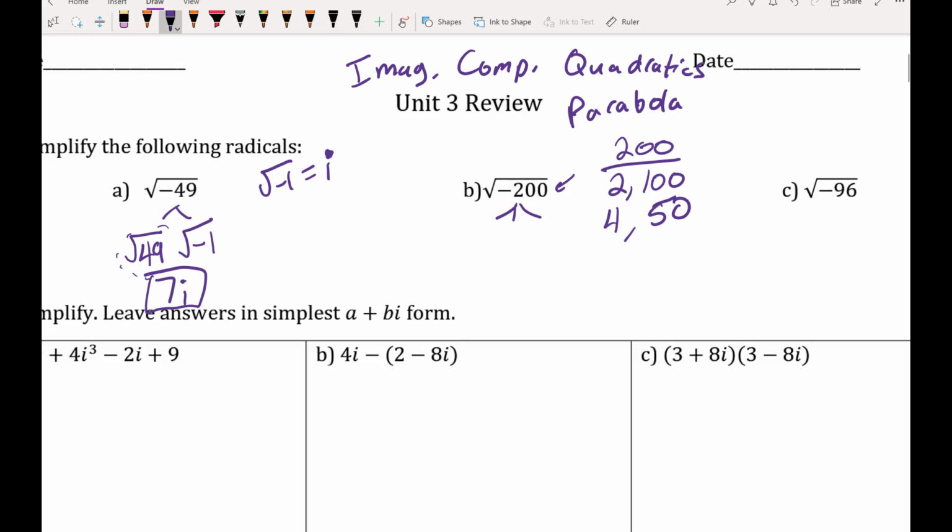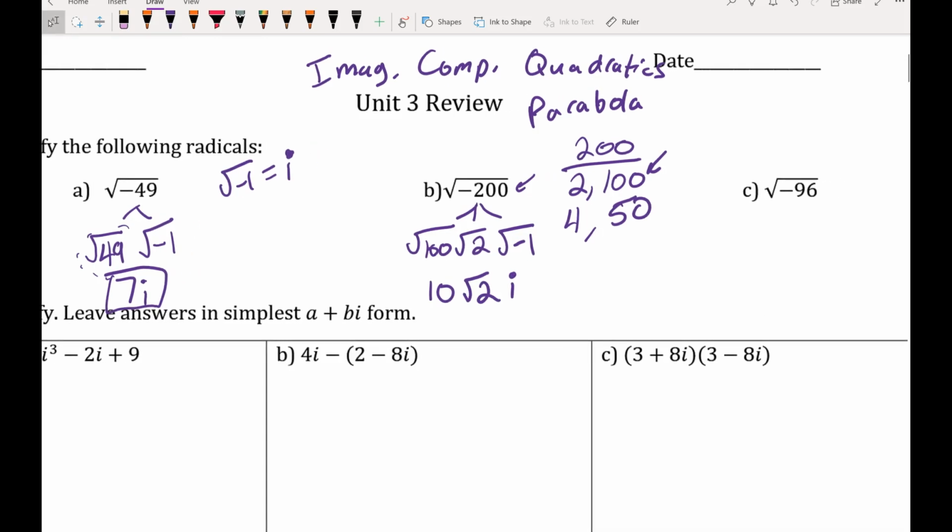But if I'm looking at my factors, I know 100's probably the biggest perfect square that can go into that. That's 10 times 10. So I'm going to stop there. Radical 100 times radical 2 would get me radical 200, but I want it to be negative, so I make sure to include that radical negative 1. Radical 100 is just 10. Radical 2, i.